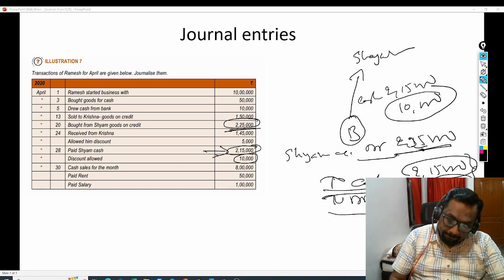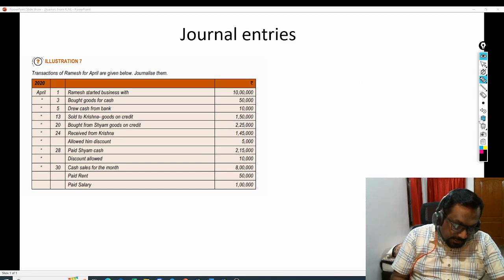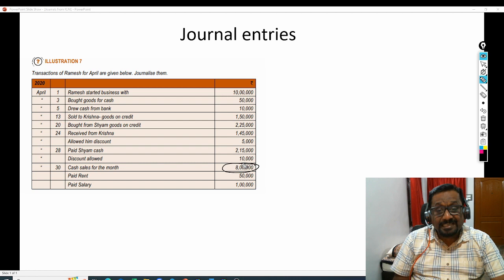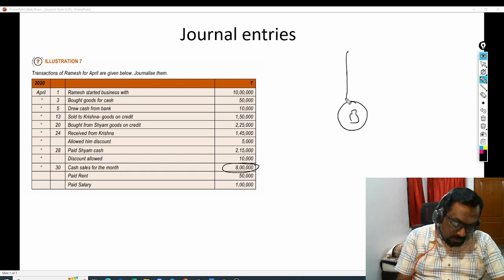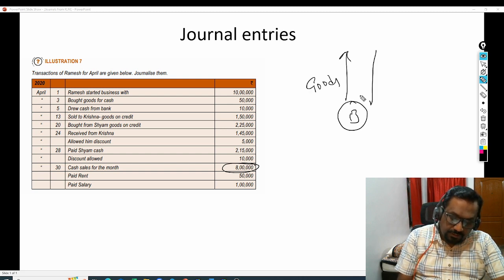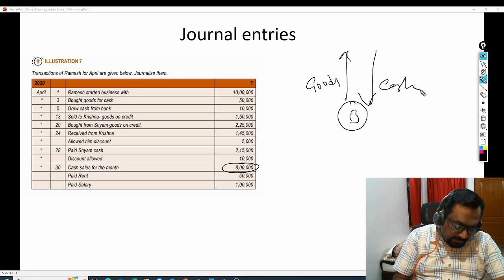Clear? Right. Next, cash sales for the month of 8 lakhs. Cash sales. We sold goods 8 lakhs. When we sold goods, what goes out? Goods. What comes in? Cash. Because he mentioned very clearly cash sales.